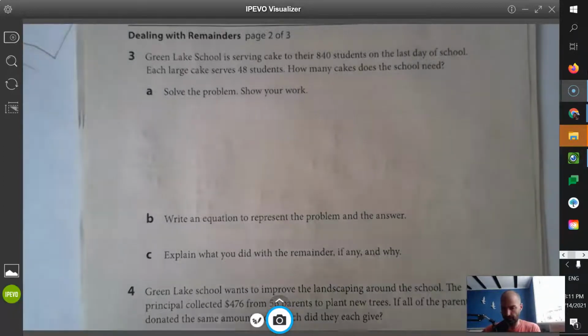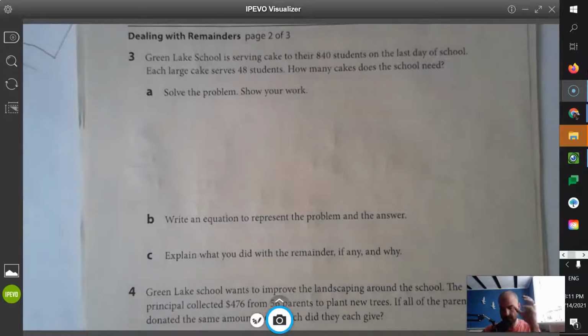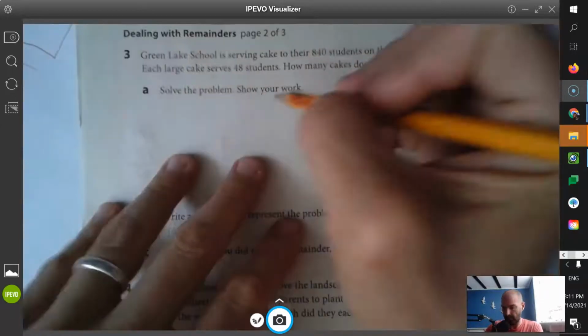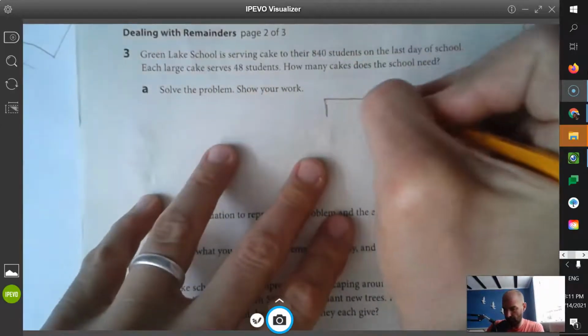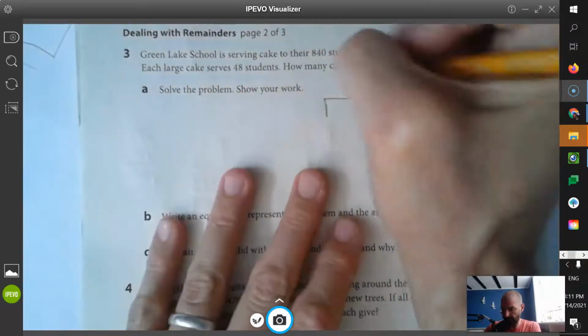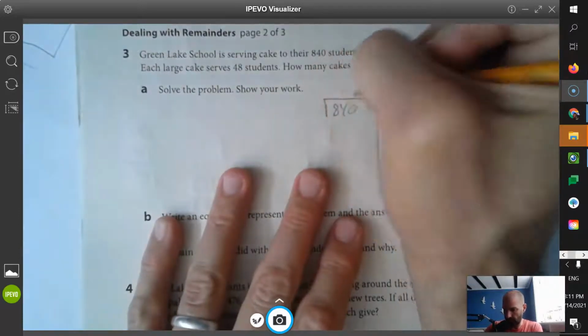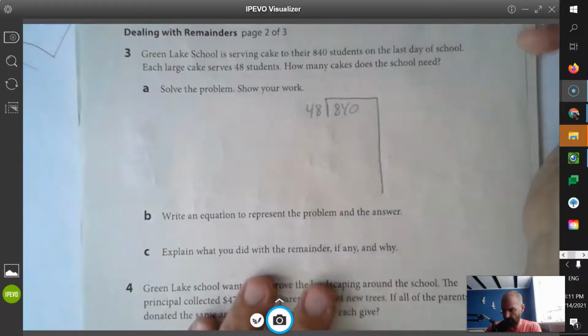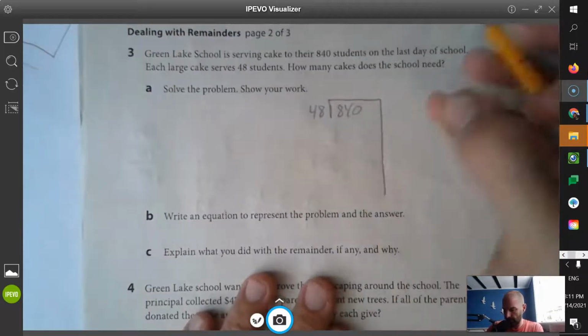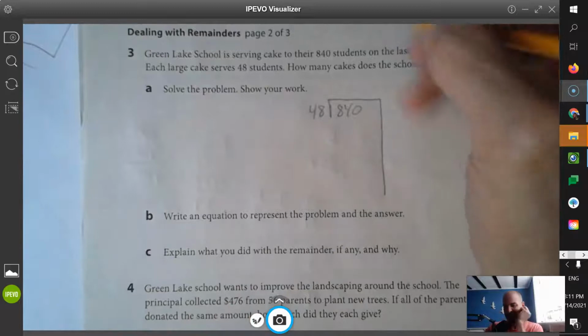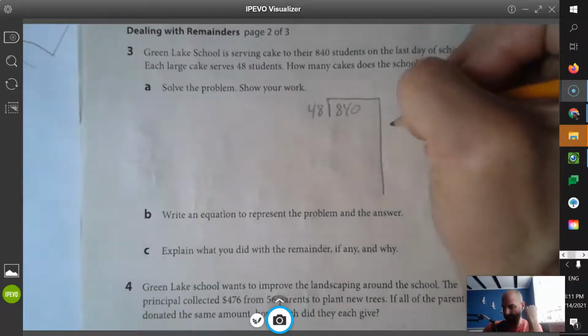All right, so I like switching things up here. So we have 840. Each cake has 48 students. And what are we going to do? If I do 20, that's 960. So I'm going to do 10 to get 480. Oh, wait, I don't put that there.